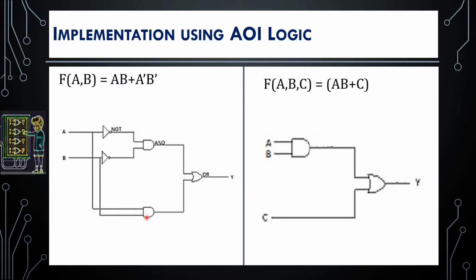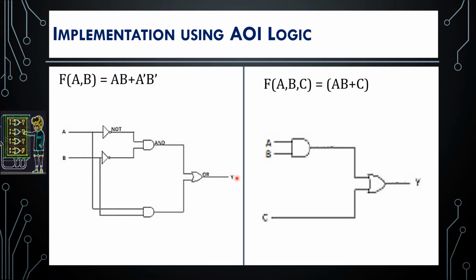Two AND gates are required to implement these two minterms. To the first AND gate, we connect A and B, taking connections from the lines of A and B. Then to the second AND gate, we connect A complement and B complement. The output of each of these AND gates needs to be connected to an OR gate to produce the output.